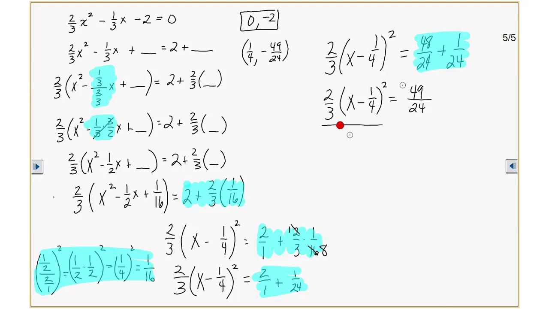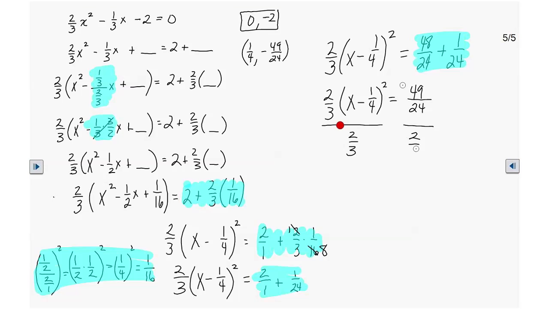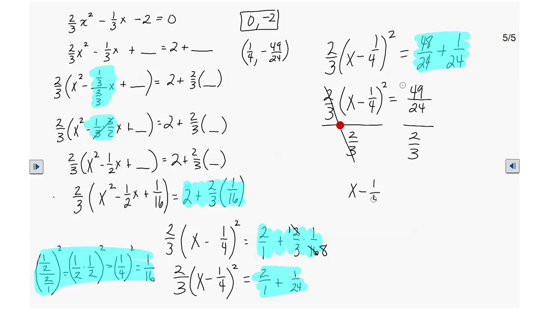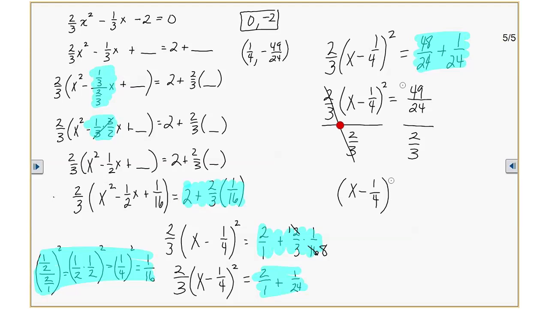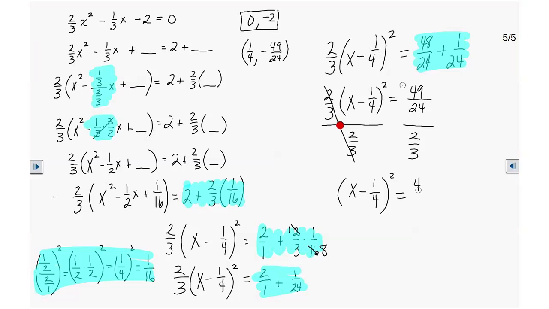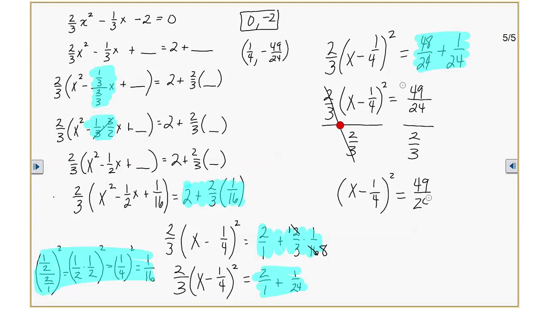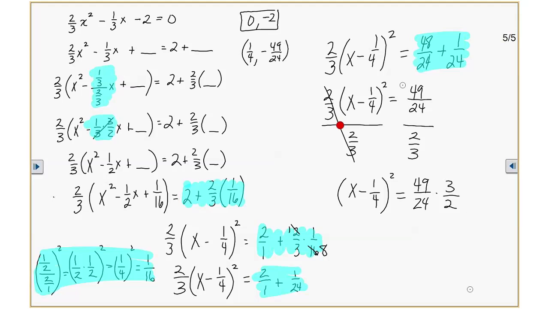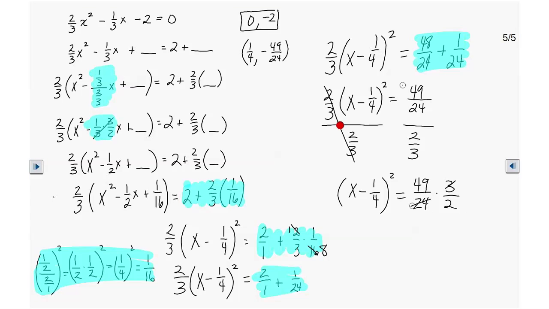Divide by 2/3. X minus 1/4 quantity squared is equal to 49 over 24 multiplied by 3 over 2. Well, that 3 and that 24 will go out.